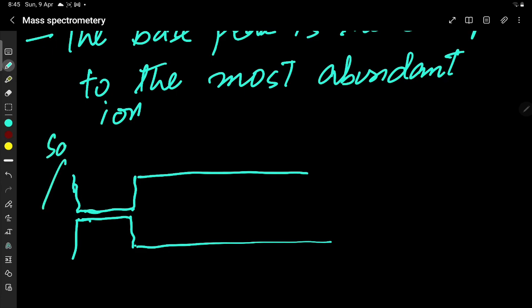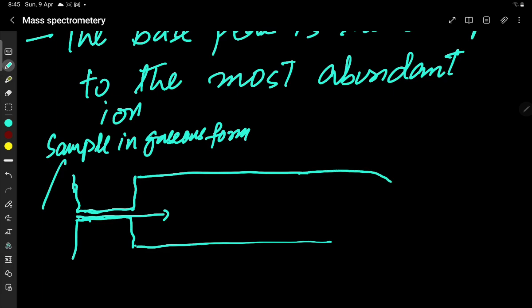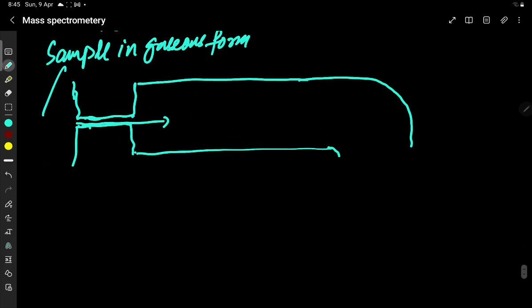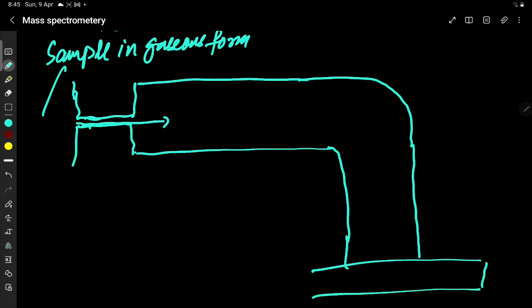This is a sample in gaseous form entered in the mass spectrometry. Let's say over here the detector is there, and this is the filament from which electrons are bombarded.